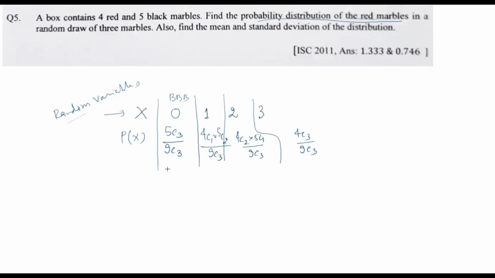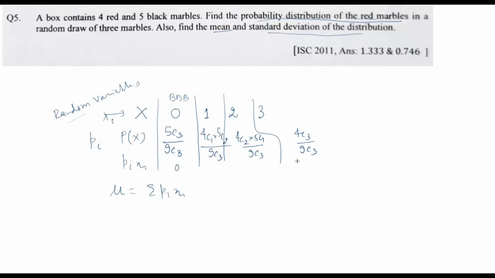Here they're asking me to find the mean and standard deviation. So mean mu was defined as follows. Call this pi and call this xi. So your mean is defined as sigma pi xi. All you've got to do is multiply pi xi and find the summation. For 0, I'm not calculating this.